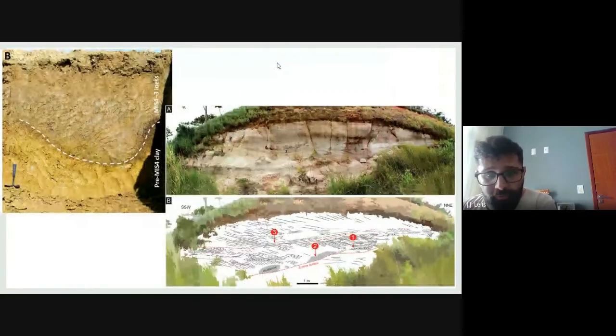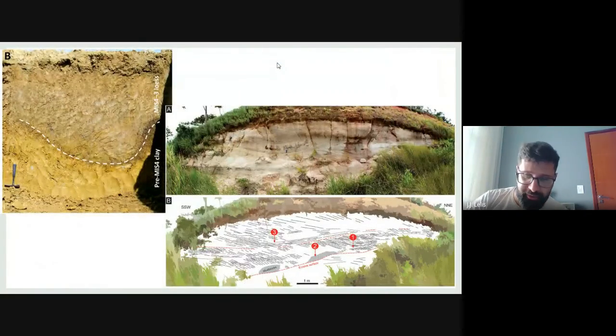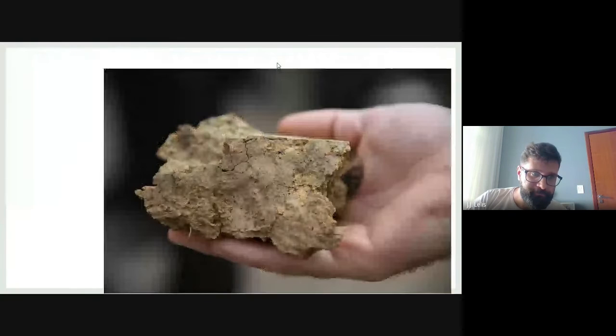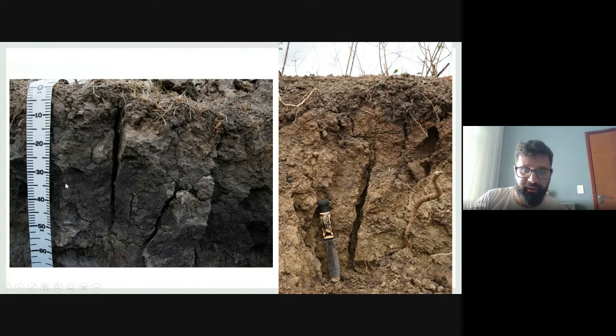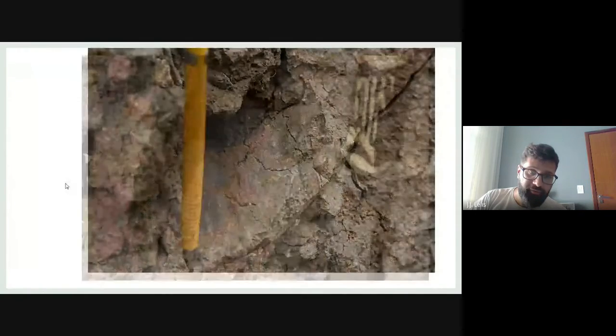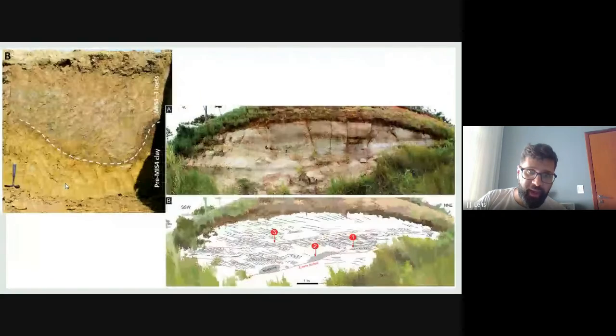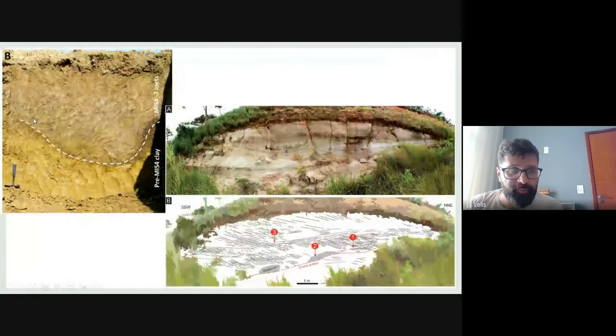And we also have another feature, the mukara. Mukara is another kind of feature related to the action of high activity clays and produces this wavy transition between horizons.